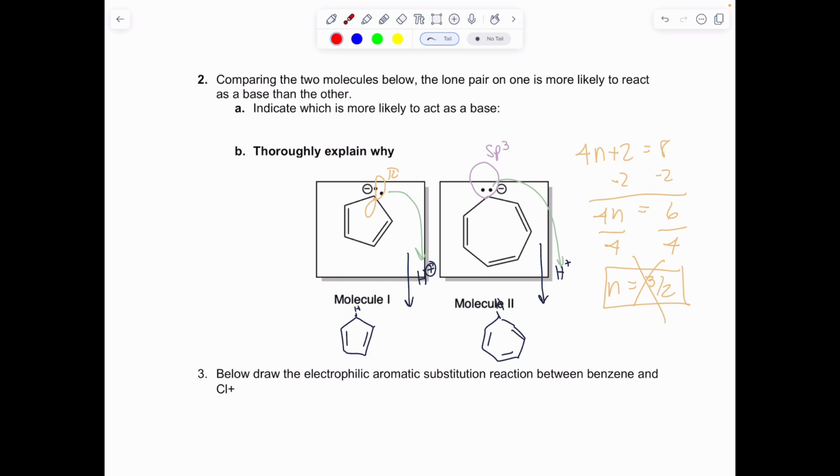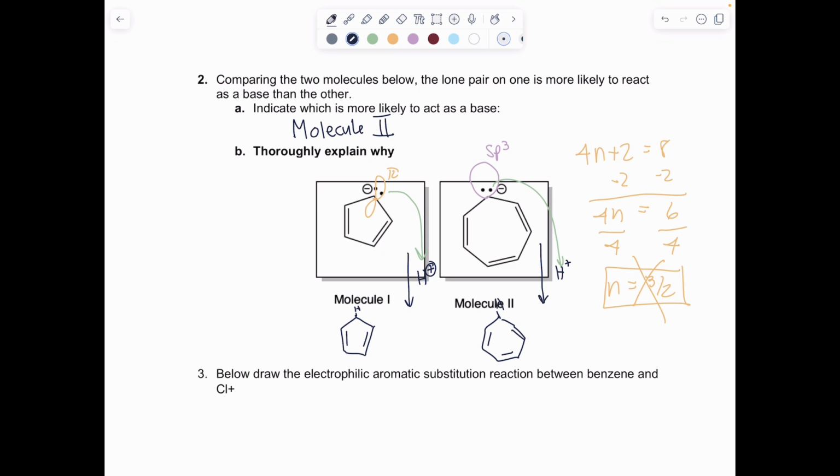So all of that being said, the way that I graded this question was you got 1 point for indicating what was the correct molecule here, which was molecule 2 is more basic, and then you received a point if you explained something regarding why molecule 1 is not favored to be a base, and something explaining why molecule 2 is favored to be a stronger base.